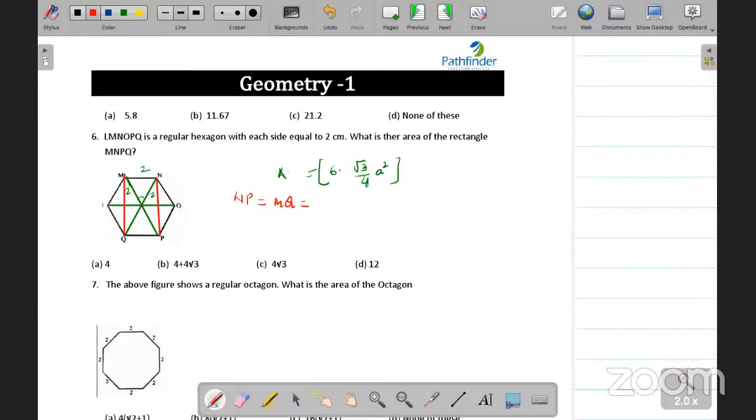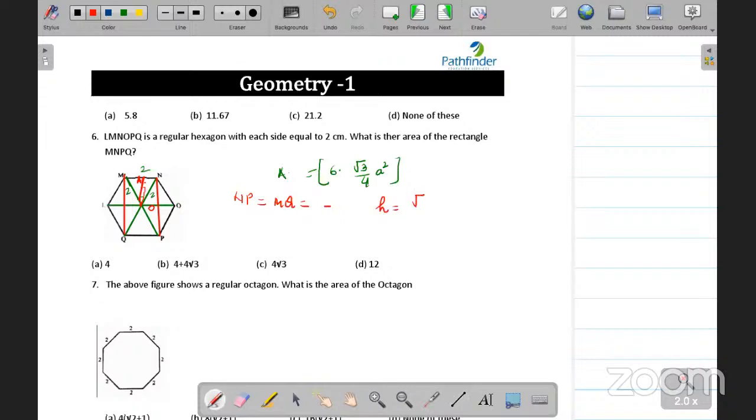You will appreciate that from O, if I drop a perpendicular on MN, correct? This must be the height of an equilateral triangle. And what is the height of an equilateral triangle equal to?